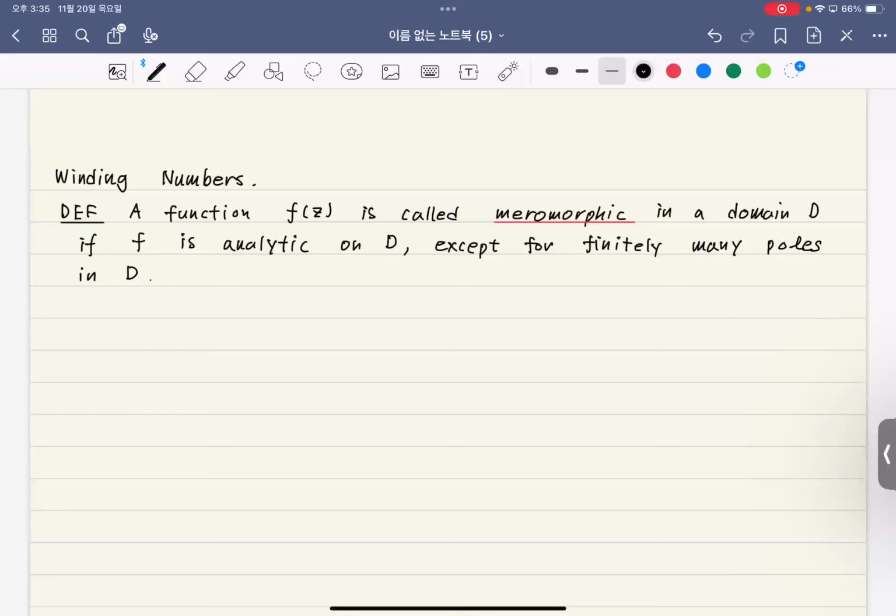We are not allowing removable or essential singularities. First, essential singularities are very hard to deal with, so this is one reason we are ruling them out. And removable singularities actually don't mean anything. So if I mention a meromorphic function, you should automatically consider the singularities to be all poles. Okay.